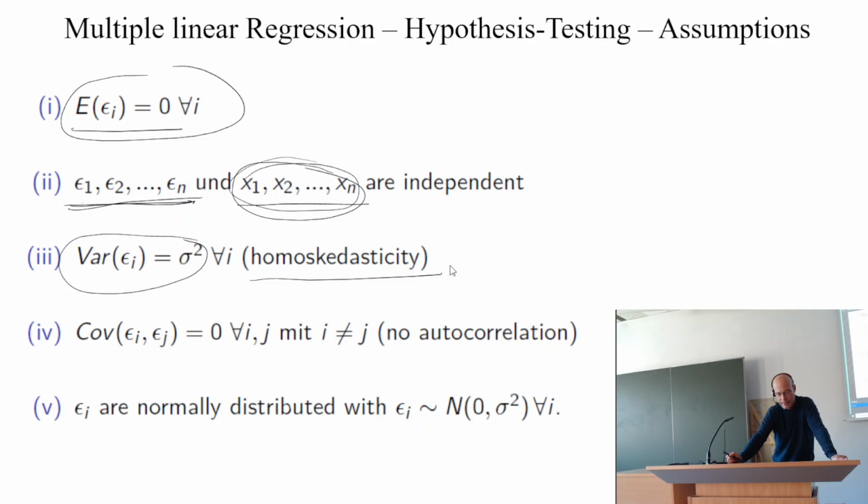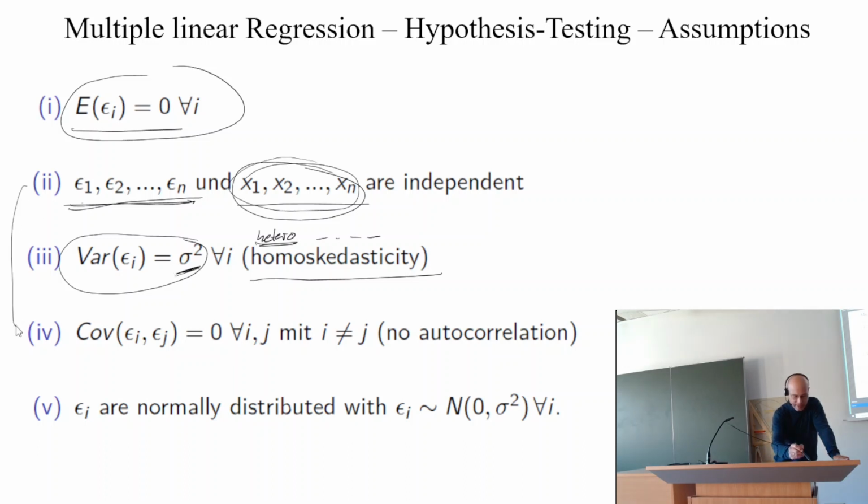This is the so-called homoscedasticity assumption. And the topic, I think, is then called heteroscedasticity. And of course, in practice, in most cases, we will have the case that these variances are differing for different variables.